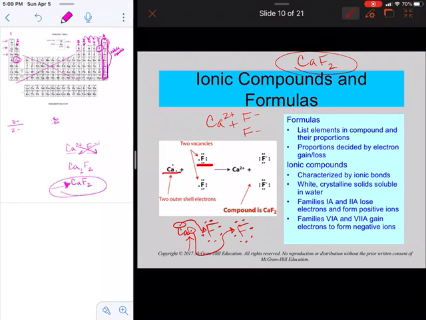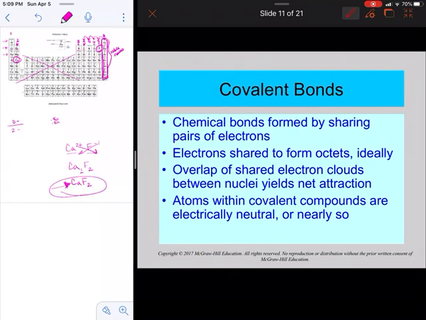So we ended on ionic compounds and formulas and determining the ionic compound based on the electron dot notation. So I'm going to go over here to covalent bonds now, because covalent bonds are a little different. Like I said, they're between nonmetals and nonmetals, so maybe note that if you have the PowerPoint in front of you.